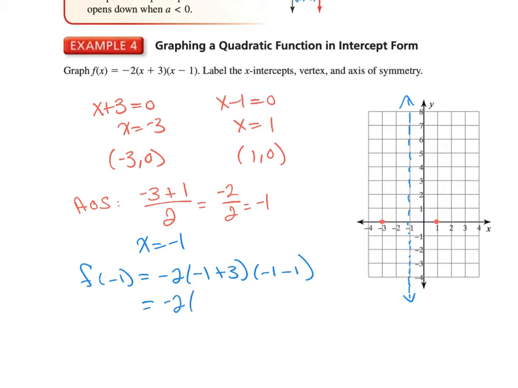And simplify. Negative 1 plus 3 is 2. Negative 1 minus 1 is negative 2. Negative 2 times 2 is negative 4. Negative 4 times negative 2 is 8. So I get the point negative 1, 8 as your vertex.